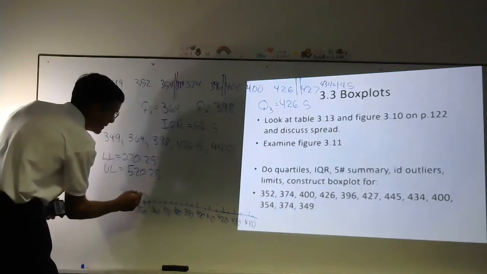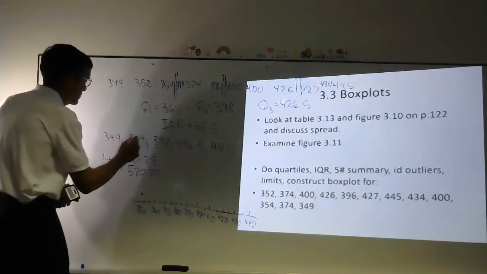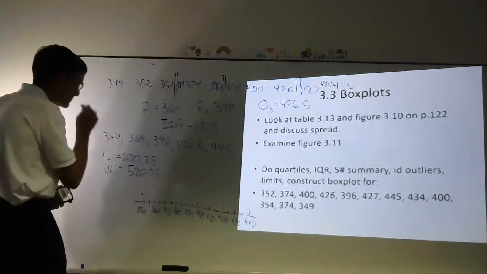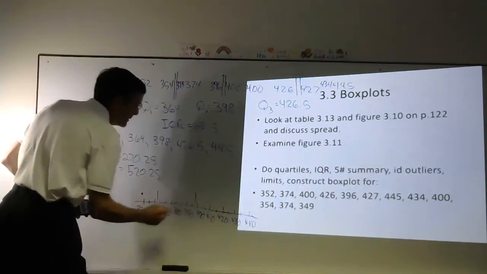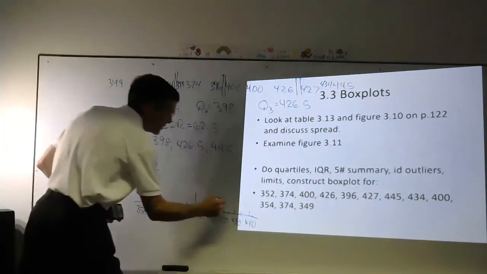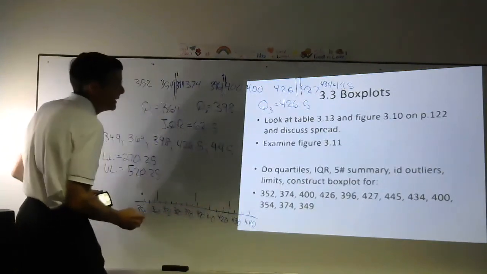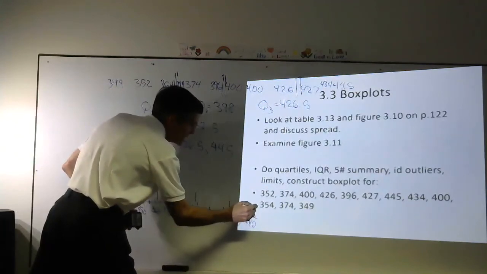349, just barely below 350. 364 is a line. 398 is a line. 426.5 is a line. And 445 over here is a dot.